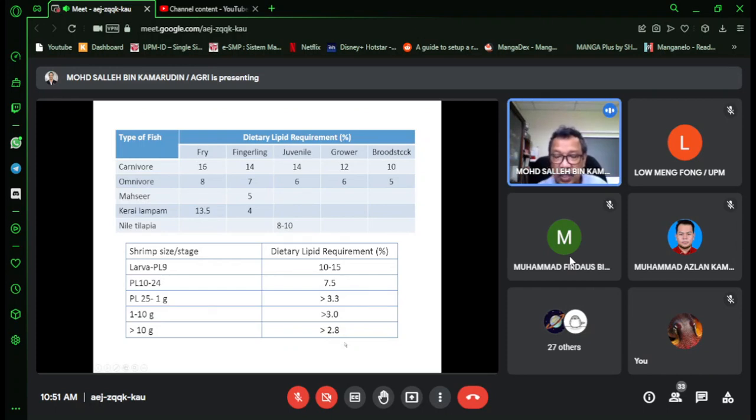Ini tak masuk yang omega 3 and also cholesterol.